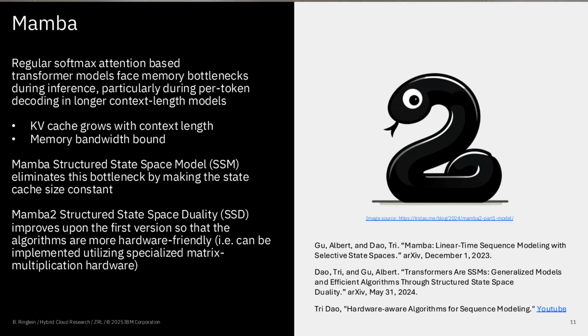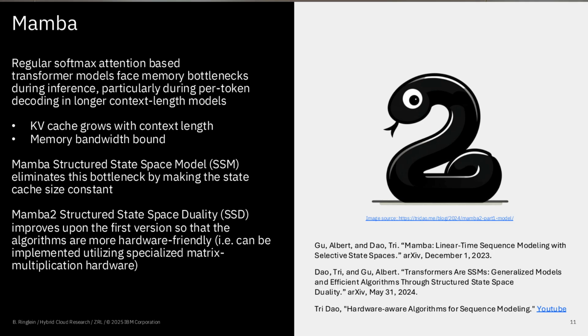So in the next part, we're gonna briefly mention this new emerging architecture, which is called Mamba. The reason that Mamba is interesting for us is that it's a new architecture that solves a very important bottleneck in transformer-based models. Because in transformer-based models, in the attention mechanism, you need to create a KV cache during the autoregressive phase.